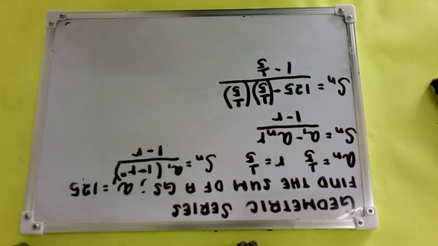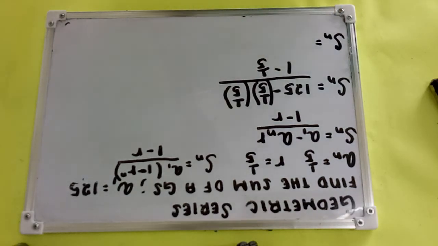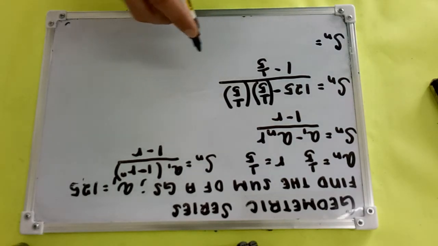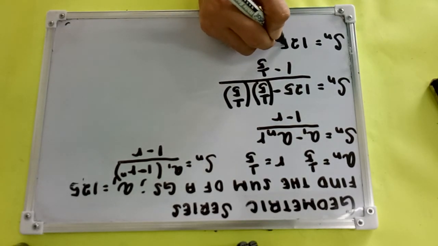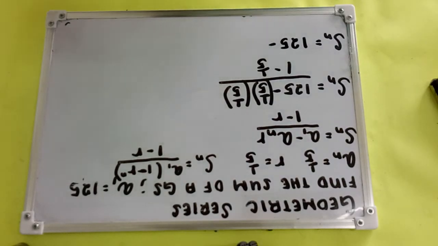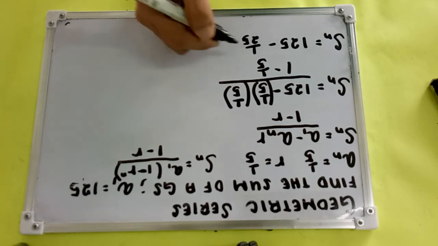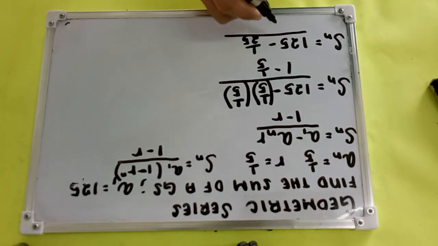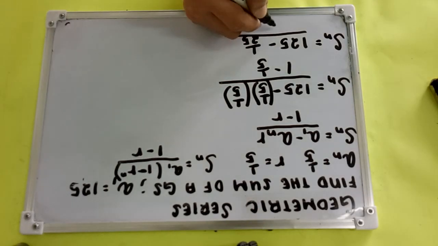And then we just perform the operation, syempre following the rules of PEMDAS. So unahin natin itong may parenthesis or yung multiplication dito sa numerator. So that is 125 minus 1/5 multiplied by 1/5 is 1 over 25. And then all over, if we subtract 1 minus 1/5, that is 4/5.